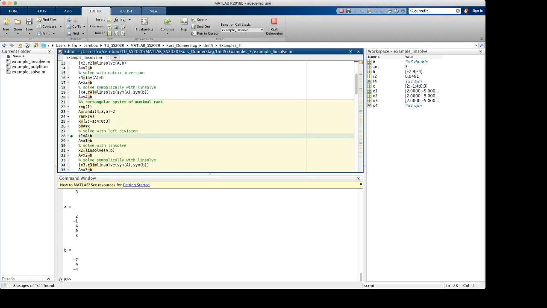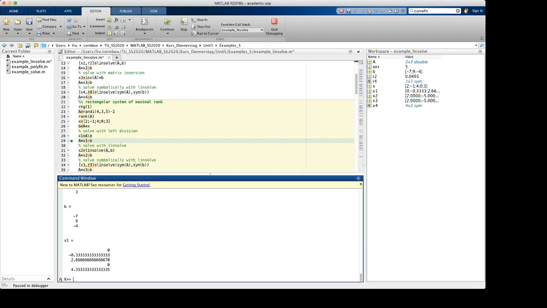Now let's try to solve this system with left division. We get this solution. We can convert this to rational numbers by using the function rats. And we see these are indeed rational numbers.